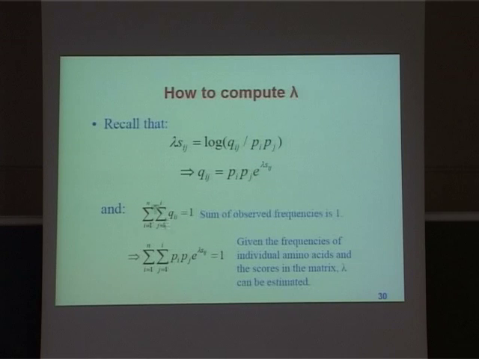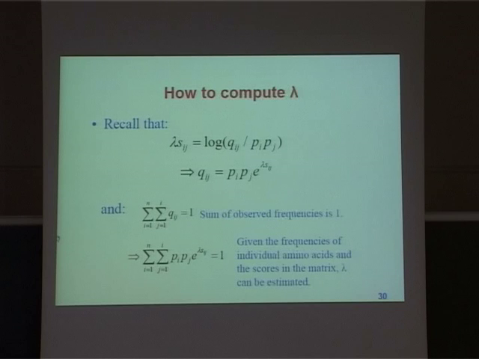So if we substitute this Qij here, what we have at the end is this formula. And if we know the individual occurrence frequencies of individual amino acids in nature, and we also know the score values in a given scoring matrix, we can actually compute lambda.